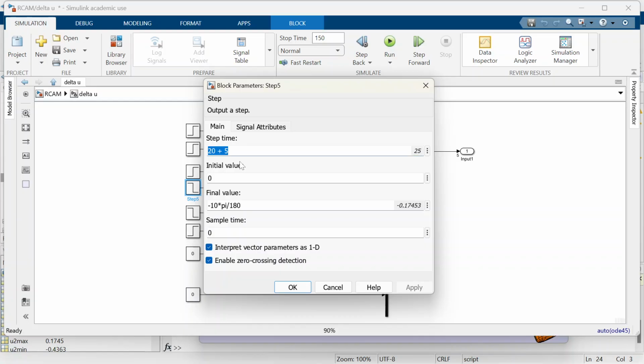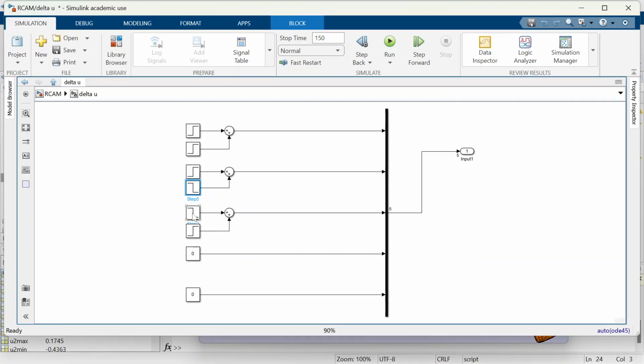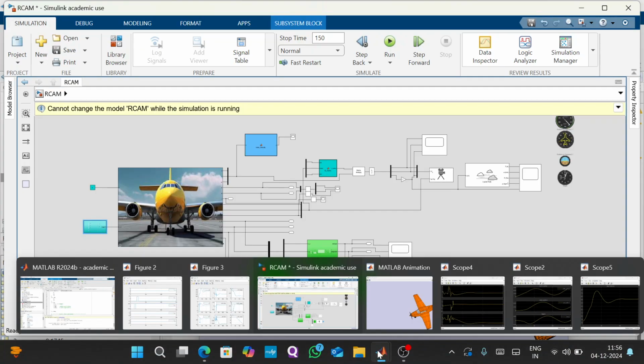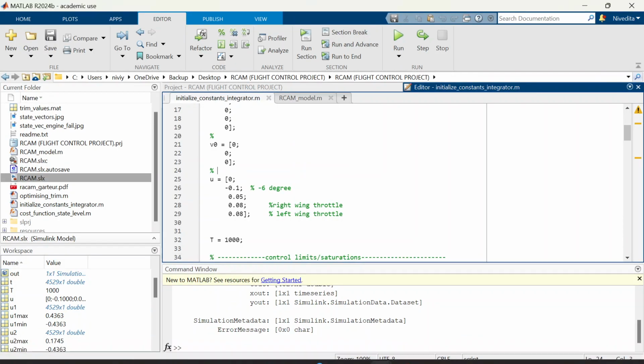So I have given, after the 25th second, to come back to normal, that is minus 10. It is coming back. So for a sudden deflection for a certain period, we can input here, and the constant value it's performing we have inputted in the code.